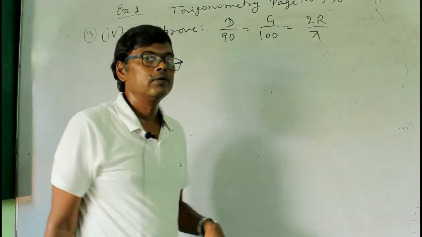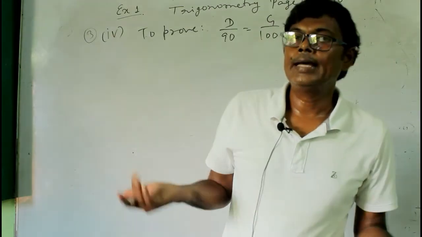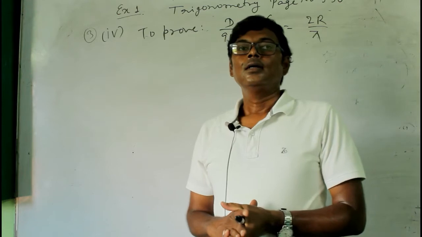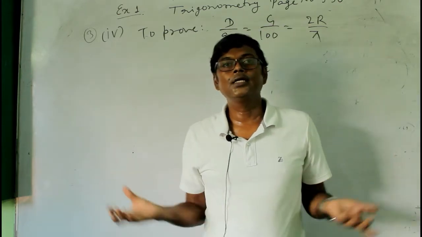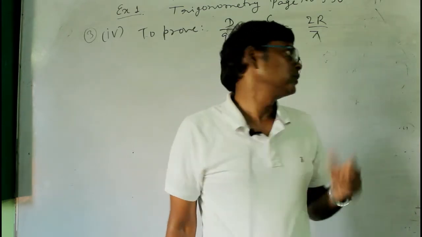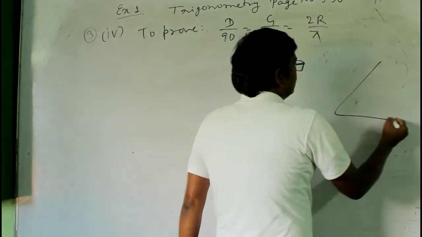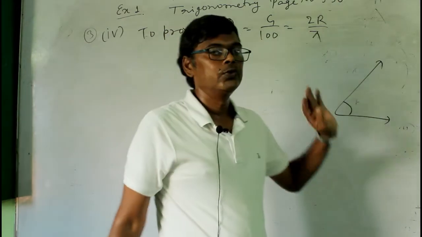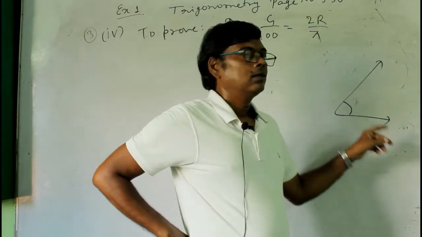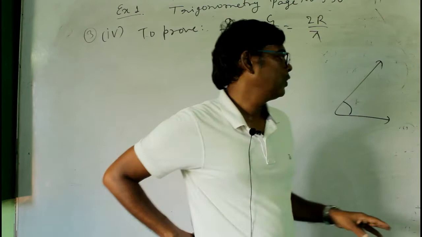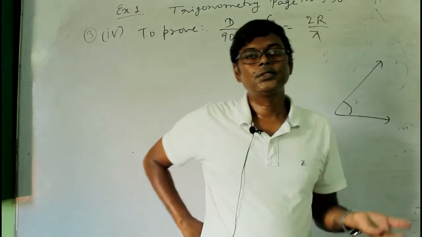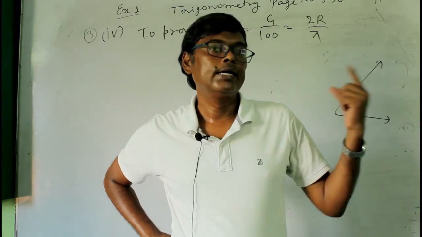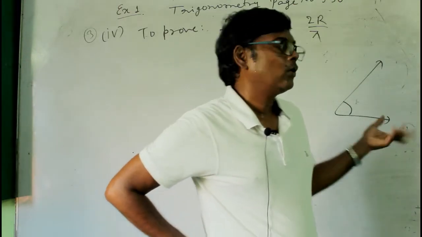that there is some angle, and the value of that angle is the same. Suppose there is an angle with some value. We can have the value of this angle in degree measurement, in grade measurement, or in radian measurement, but the value of all will be equal here.